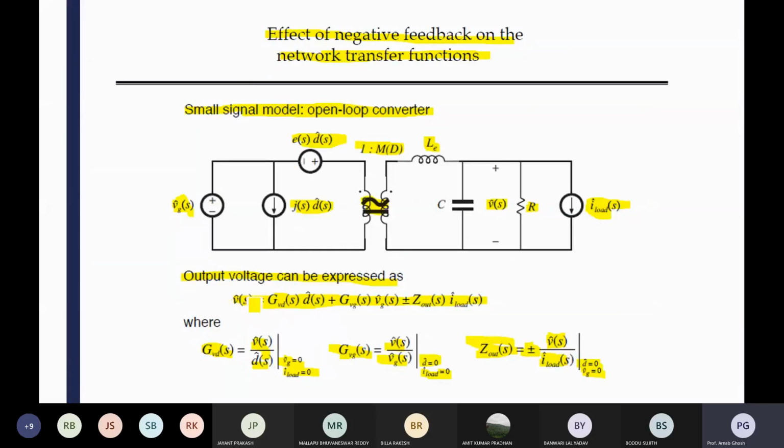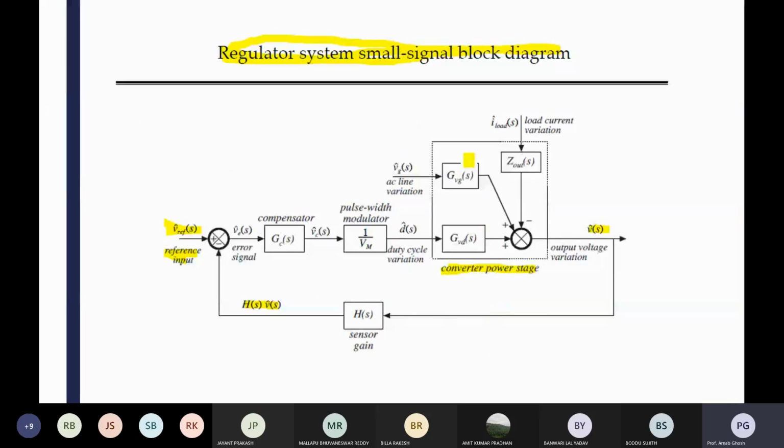The converter output voltage equals GVD S times D cap S, plus GVG S times V cap G S, plus or minus Z out S times I load S. That is the total form, so you can find the three transfer functions. That is the combination of your converter power stage.